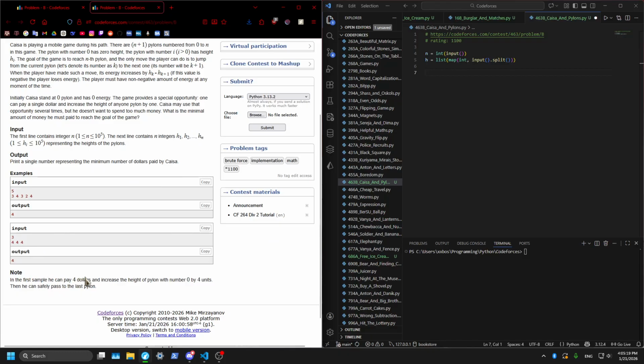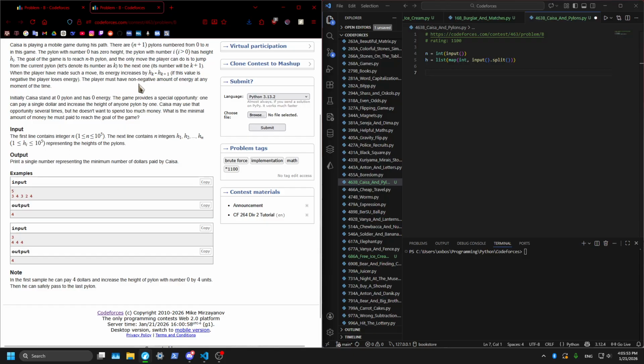For example, you can pay $1 to increase the height of the pylon with number 0 by 4 units. So 4, jump energy is 1. Or what? Is he increasing this one by 7? 7 minus 4 is 3. 3 energy.